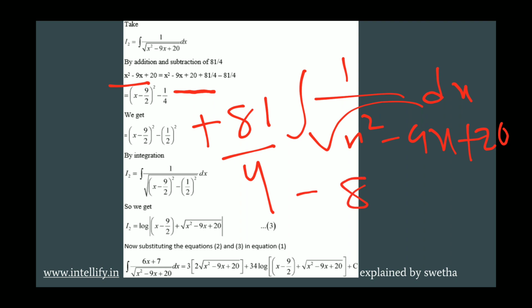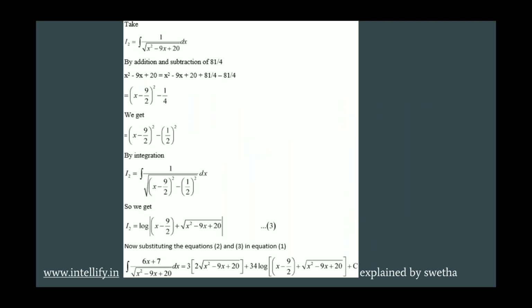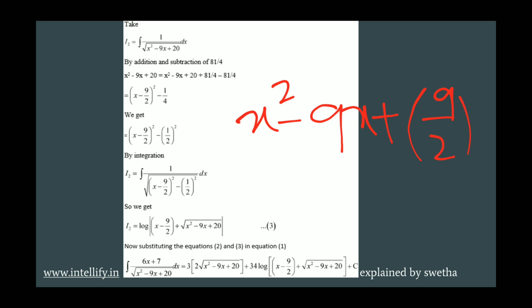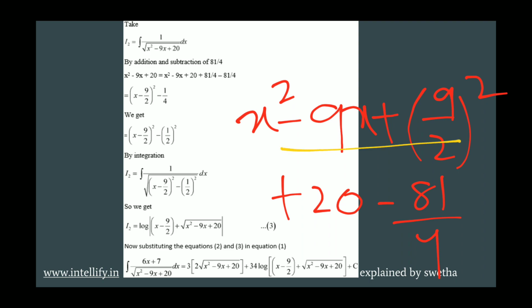Now it becomes x square minus 9x plus 81 by 4, which is (x minus 9 by 2) whole square, plus 20 minus 81 by 4, which becomes minus (1 by 2) whole square.